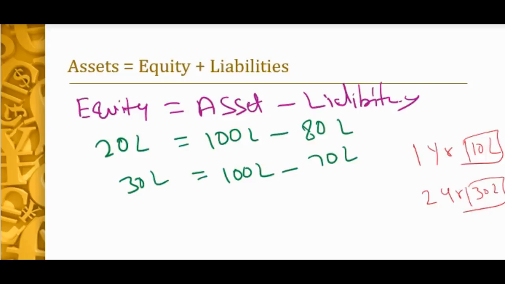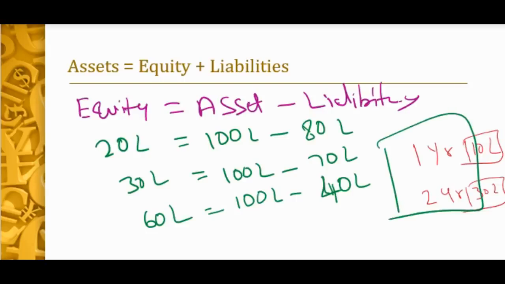Now, 100 lakhs is the asset, and you have paid 30 lakhs of the loan, so the balance is 40 lakhs. Now you have equity of 30 plus 30, 60 lakhs. This is how we generate the balance sheet every year.